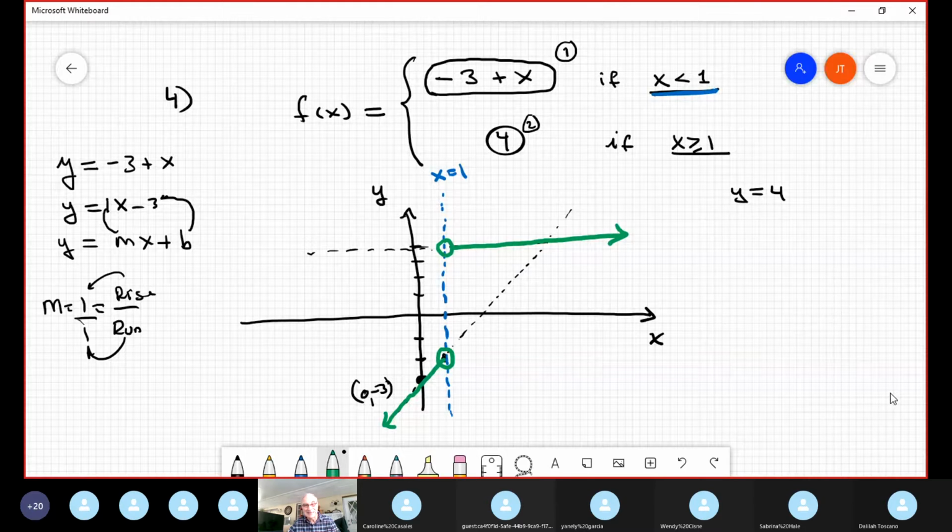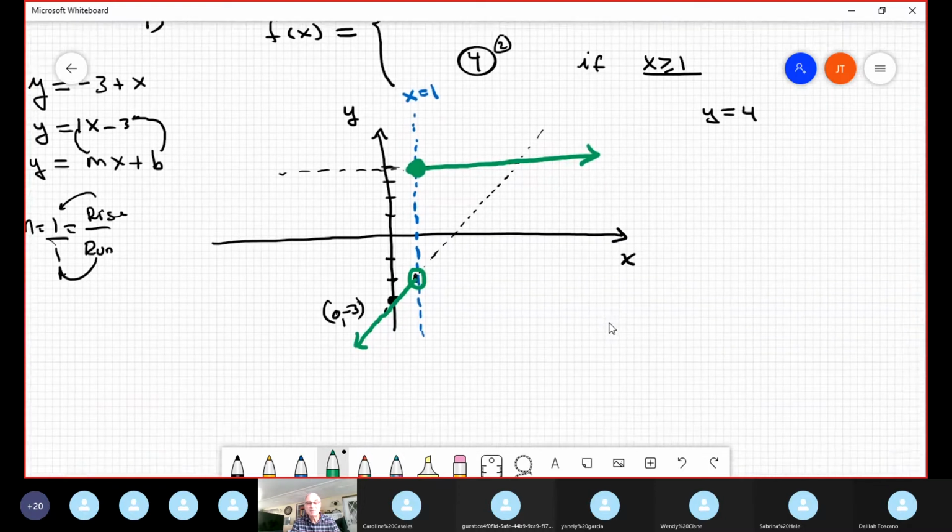So the last detail, we have 2 circles. One is open, one is closed. So how do you determine what is closed and what is open? The equal sign indicates that this is closed and this is open. Okay, and we can erase everything because my final answer is just the green part.